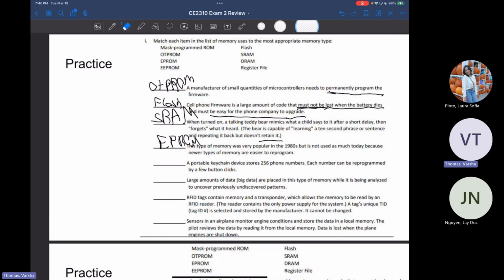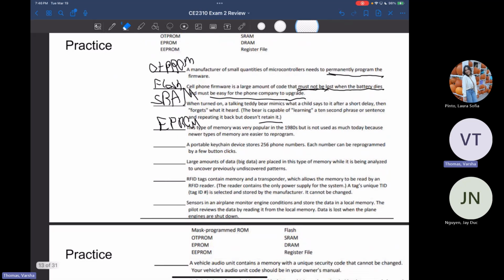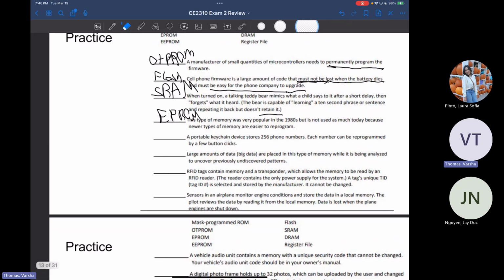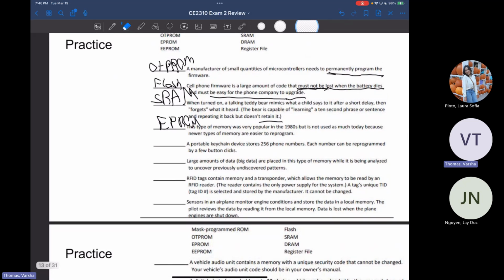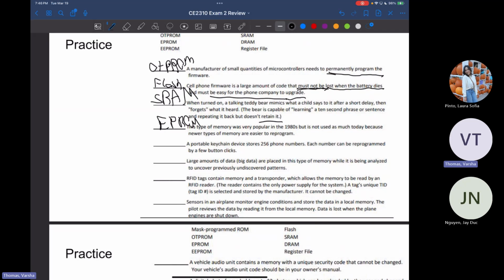A portable keychain device stores 256 phone numbers. Each number can be reprogrammed by a few button clicks. So this one says that each number can be reprogrammed by a few button clicks. So it implies that you can change the number, but it has to be one at a time, from what I read.